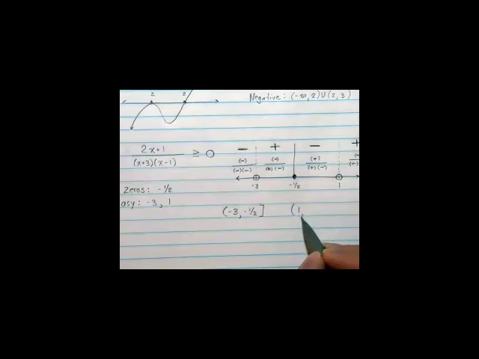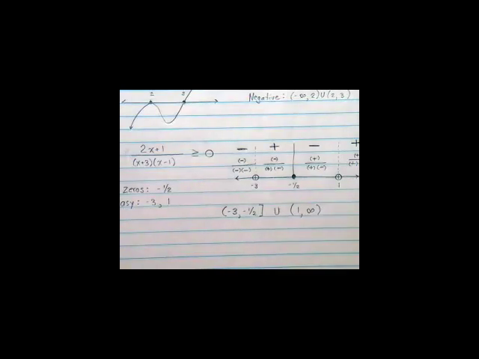Yeah, don't include the 1 up to infinity. And then do our little union in between those like we've always done. And that would be your answer for that particular problem then. Those two intervals, -3 to -1/2, including the -1/2, and then 1 to infinity, not including the 1. Those two intervals are where this is greater than or equal to 0.